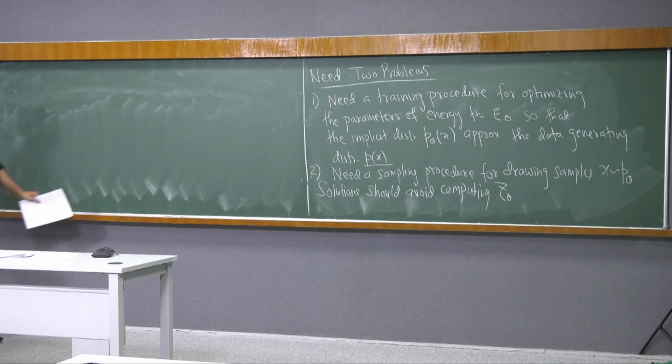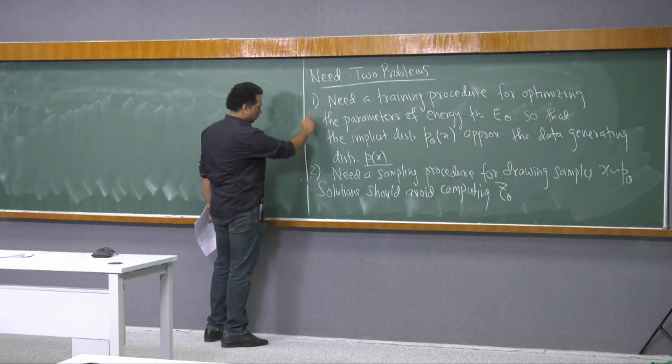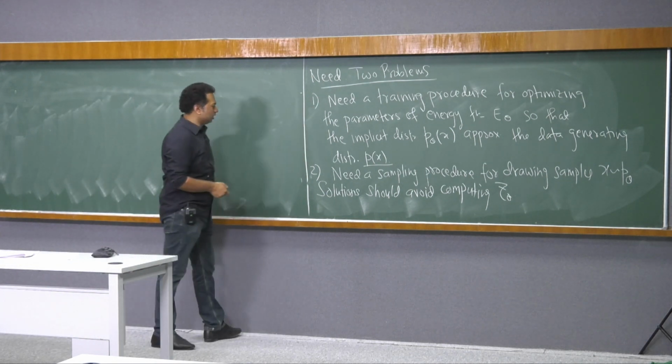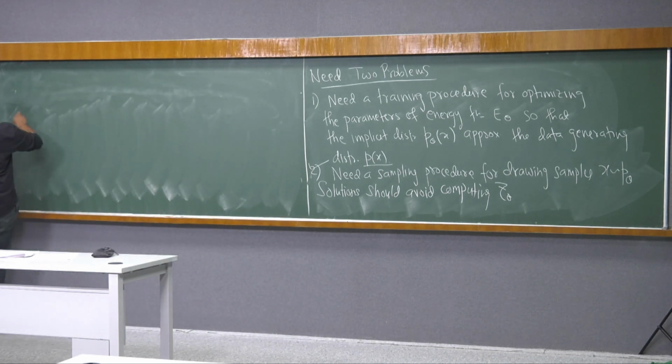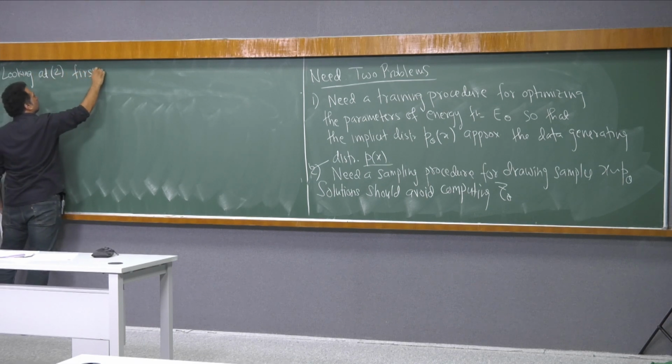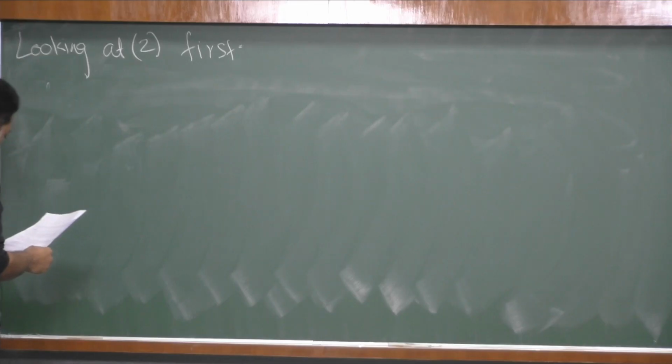So let us keep aside the first one for the moment, where we are supposed to know how to train E theta. Let us look into the second one first. Looking at 2, basically it's about sampling.